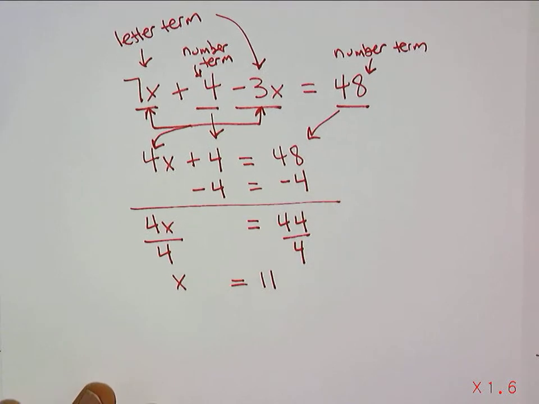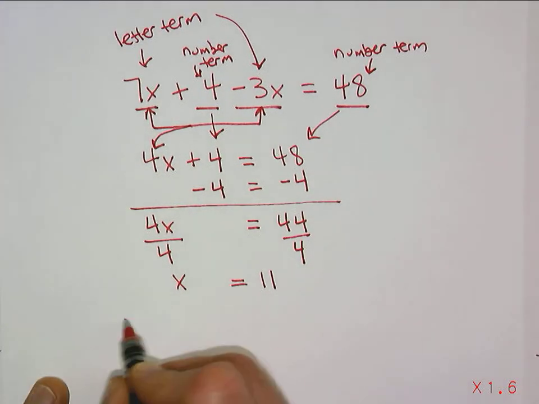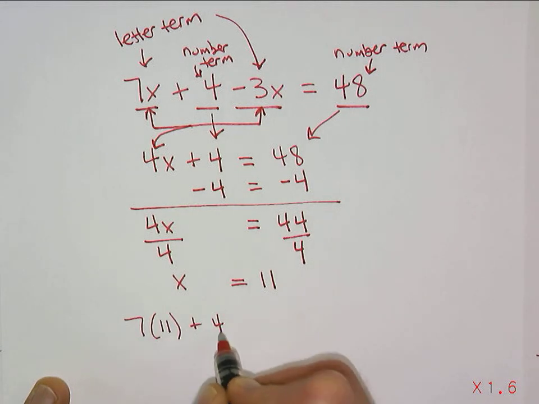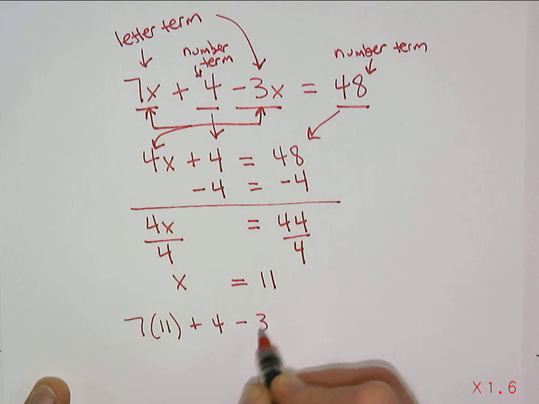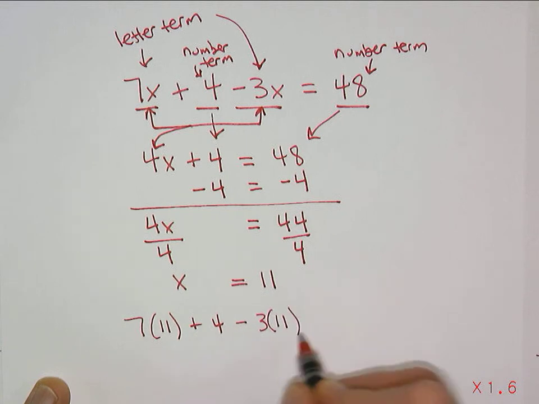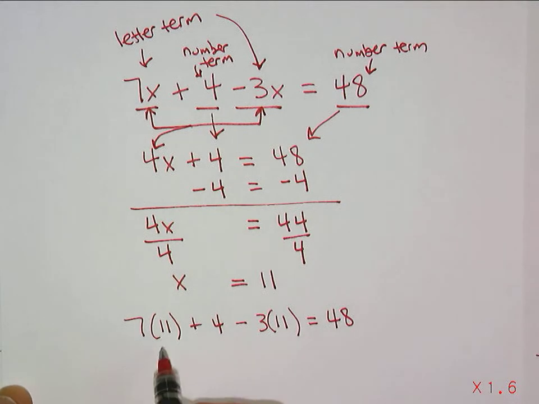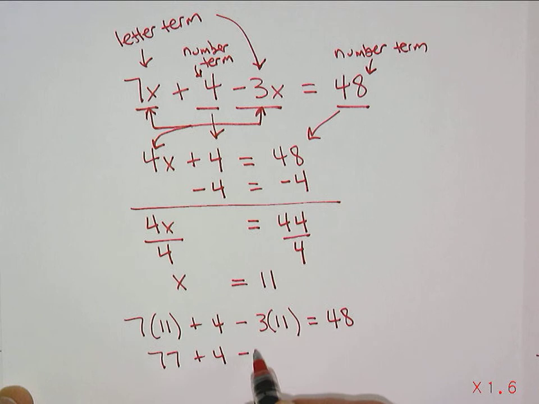And I could put that right back in. 7 times 11 plus 4 minus 3 times 11 should equal 48 if I work this out. So that would mean 77 plus 4 minus 33.